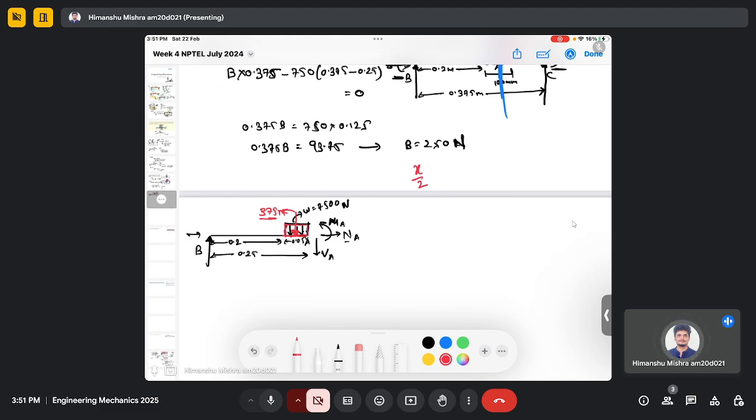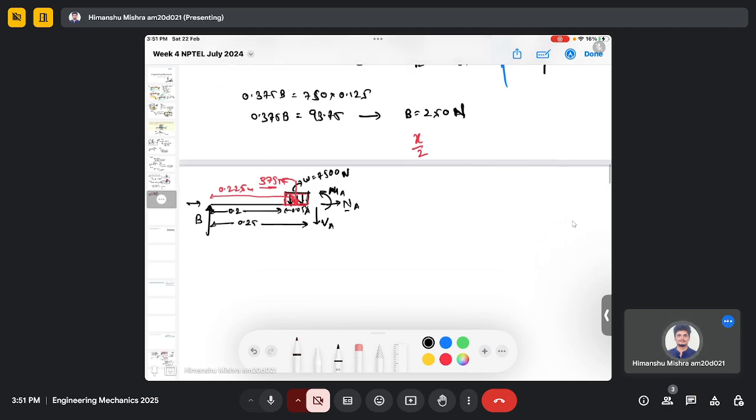So the distance from point B to this point load is 0.225 meter. This distance we require to find the moment. So if I do the force balance analysis in the y direction and equate it to 0, I will have simply B minus 375 minus VA equals 0.